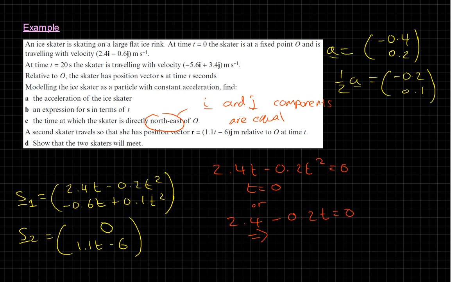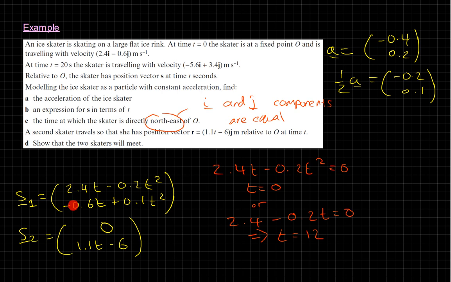So therefore, t equals 12 in that case. Right, but we're not done yet. So what we've done is, these are the only two possibilities. If they're going to meet, it has to be the case that t equals 0 or t equals 12. If they do meet. They might not meet though. We still need to prove it. So let's try 0. Does it work?